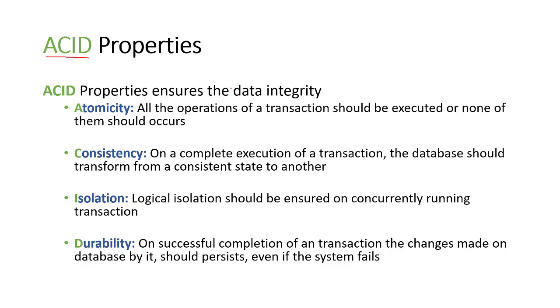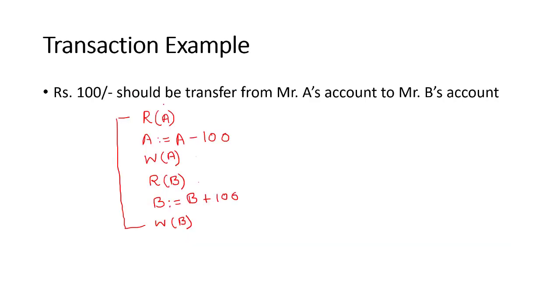What does this mean? Let us go back to our previous example. All the operations means all these 6 operations. To maintain atomicity, all the 6 operations should be performed. Now suppose there is a problem and we are not able to perform the last operation, the 6th, that is the writing of B to the database.